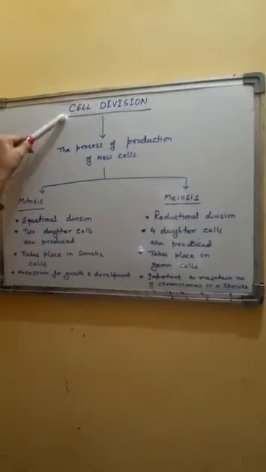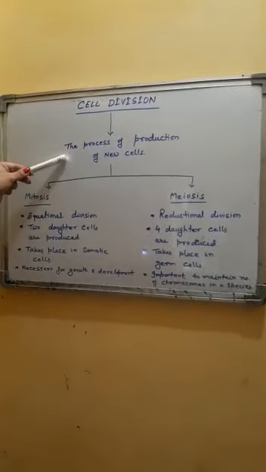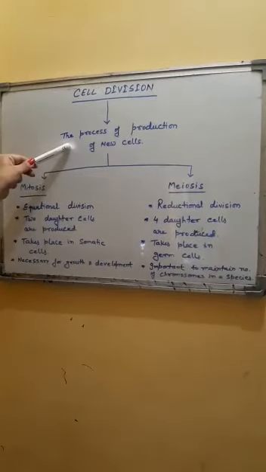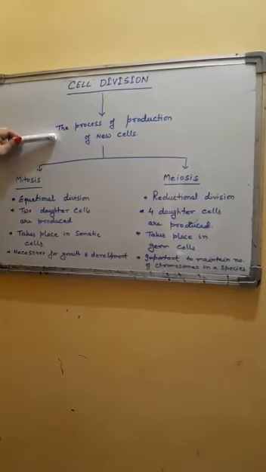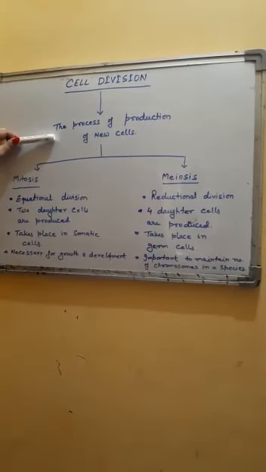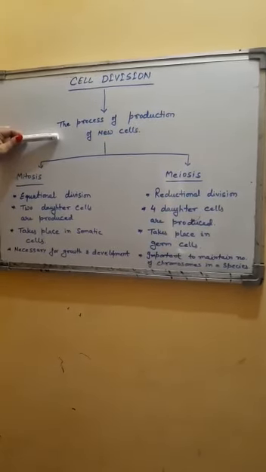Cell division can be defined as the process of production of new cells. Each cell divides and develops a new cell.